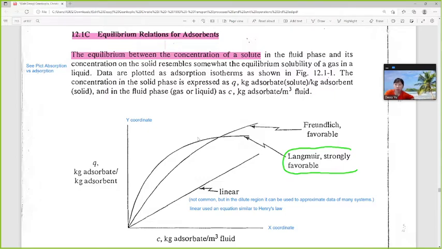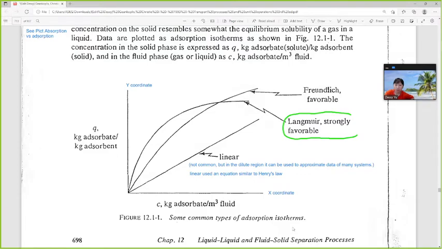From Figure 12.1.1, these are some common types of absorption isotherm. This is linear, this is Freundlich, favorable, and Langmuir, strongly favorable.